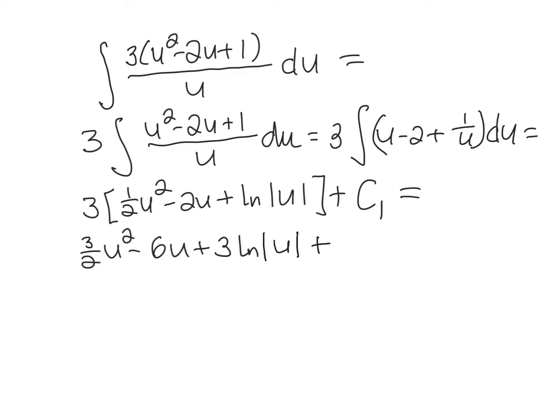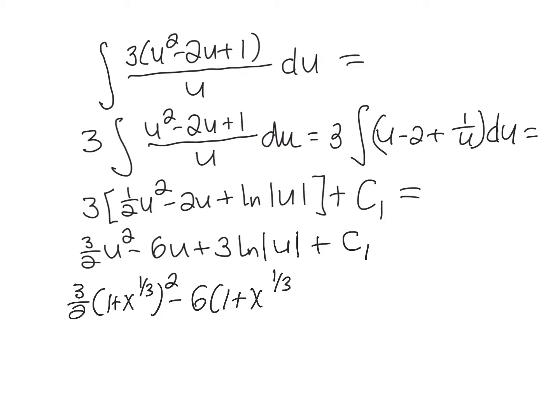And let's replace u with 1 plus x to the 1/3. So this is 3/2 times 1 plus x to the 1/3 power squared minus 6 times 1 plus x to the 1/3 plus 3 times natural log of absolute value of 1 plus x to the 1/3 plus c1.